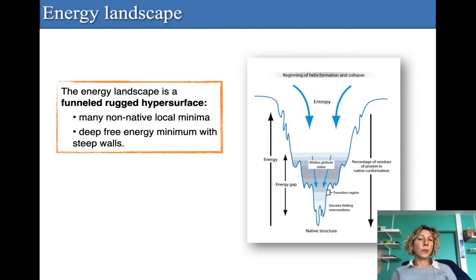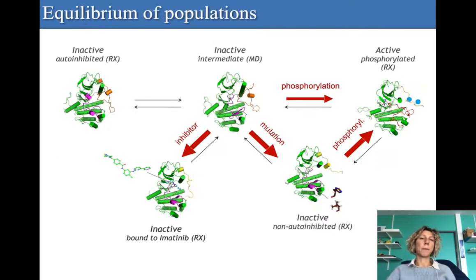So this is a view of the mind, if you wish, but there has been experimental evidence that has not made this view invalid so far. So one may think of a protein as being an equilibrium between different conformations.